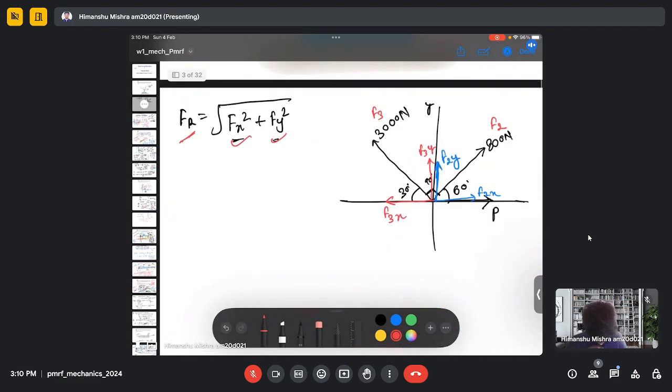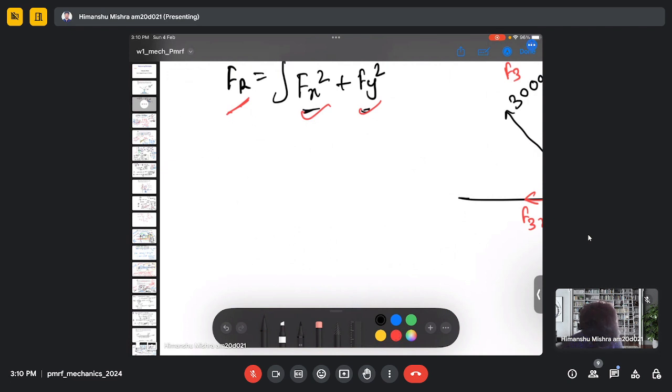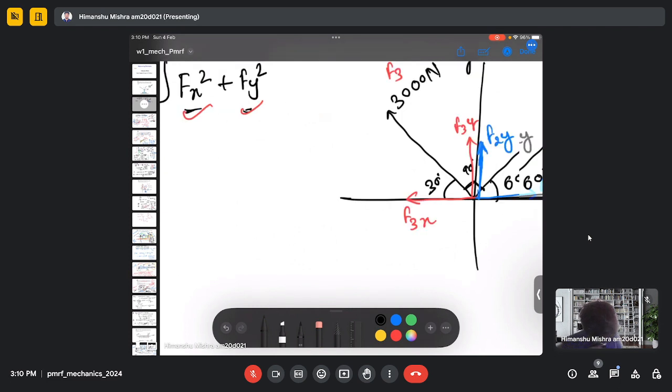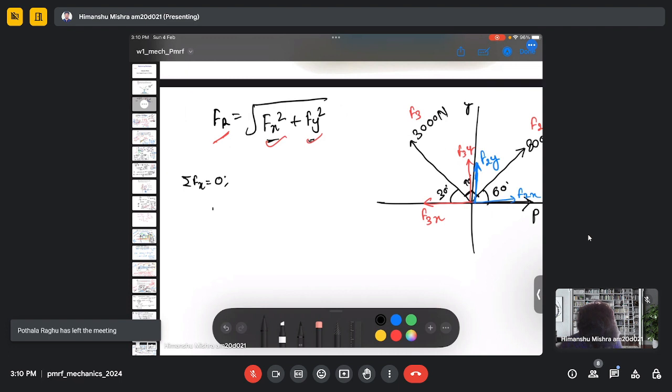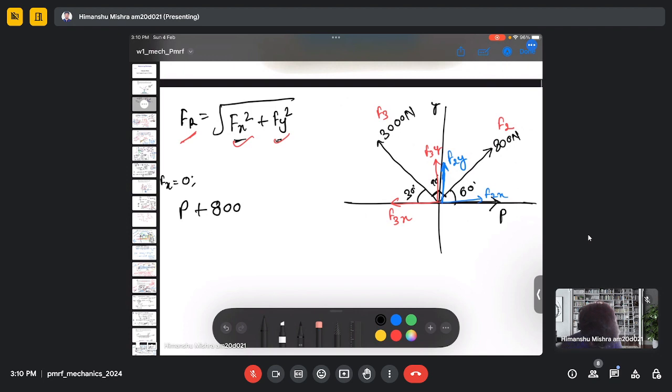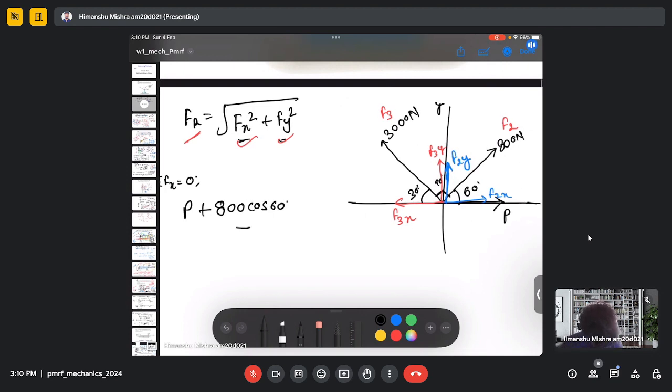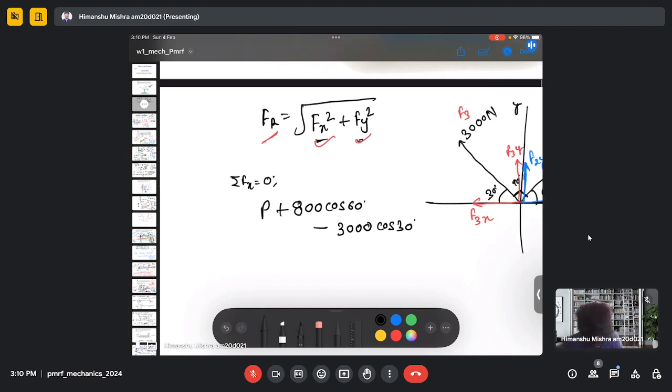If I do the force balance in the horizontal direction, I get P plus 800 cos 60 minus 3000 cos 30. This is my Fx and it is non-zero.